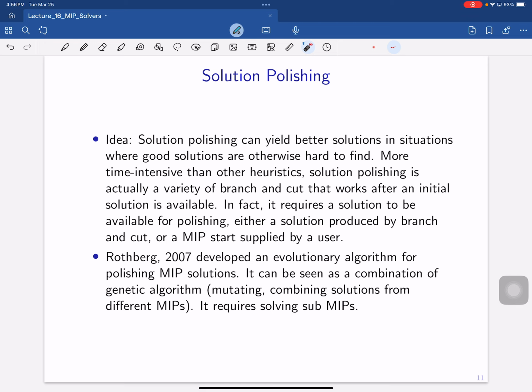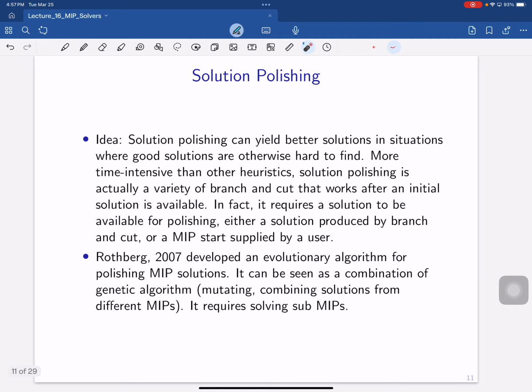He's one of the founders of Gurobi. The idea of a genetic algorithm, which you have probably heard about before, is you do some mutation and combine solutions from different MIPs. If you have a huge set of solutions, you can perform some heuristics on those solutions. Hopefully, by combining them, you get an even better solution. Sometimes it also requires solving some sub-MIPs.